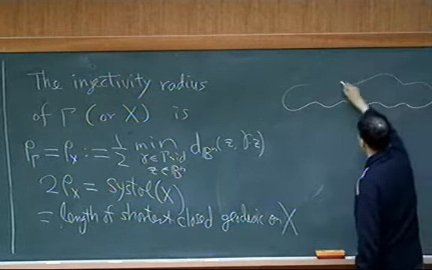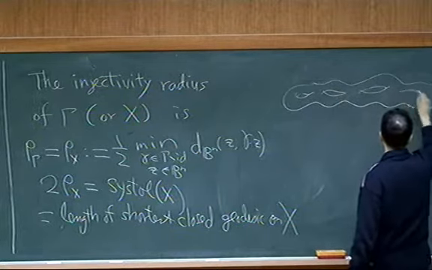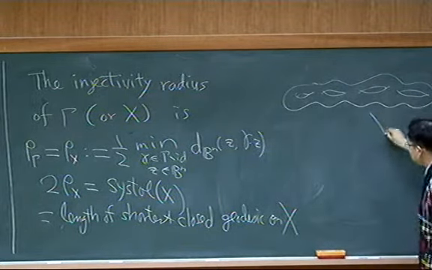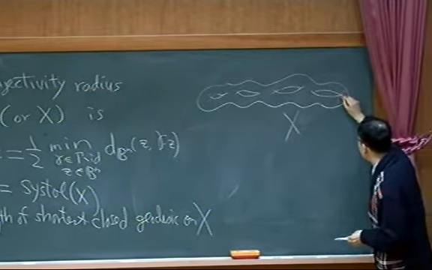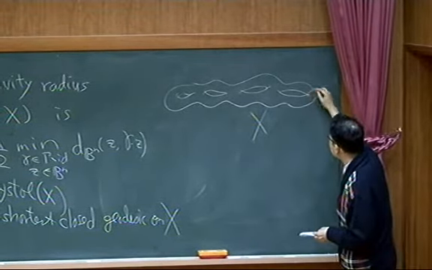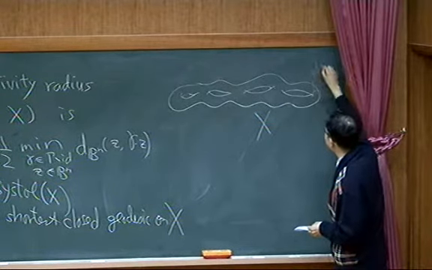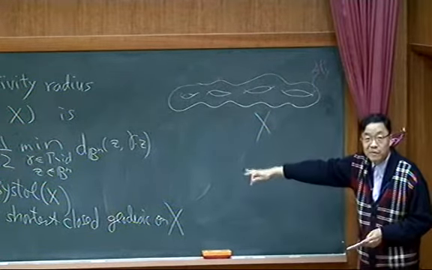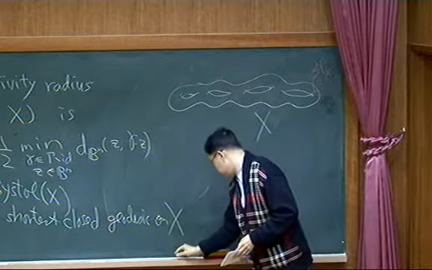So you can imagine that in higher dimension it is some analog of a picture like this. Okay, so that's X. And you look at the geodesic, and the shortest closed geodesic. So here, for example, something like this guy. So the length of this is the systole of X. So this is 2 log rho_X. So that's the geometric definition of the meaning of injectivity radius.